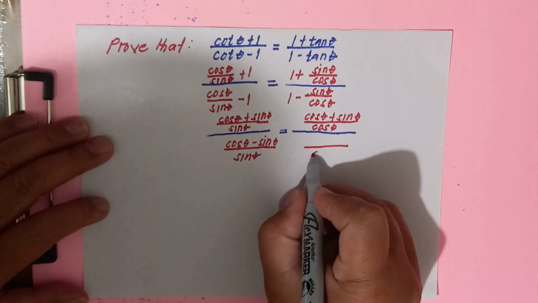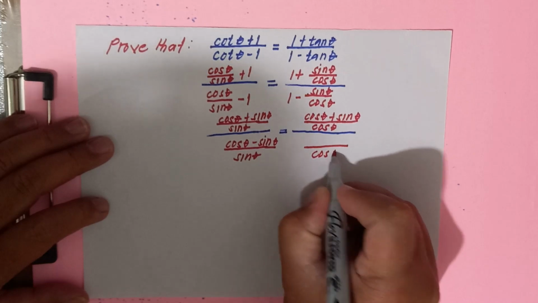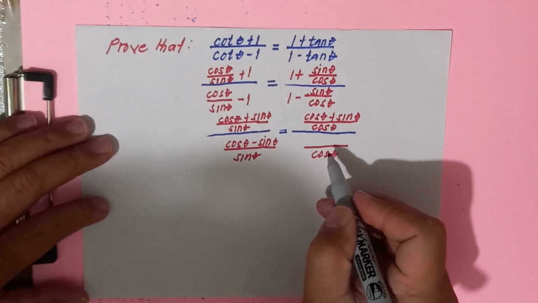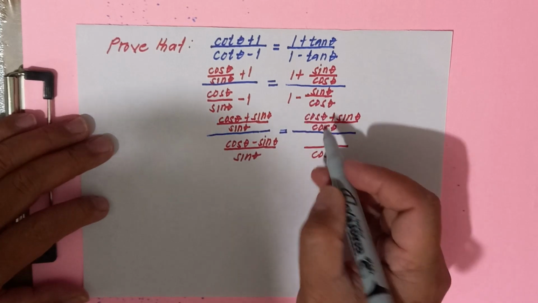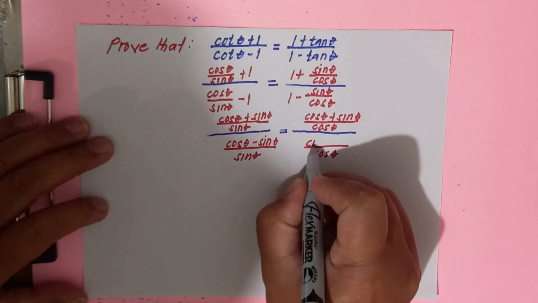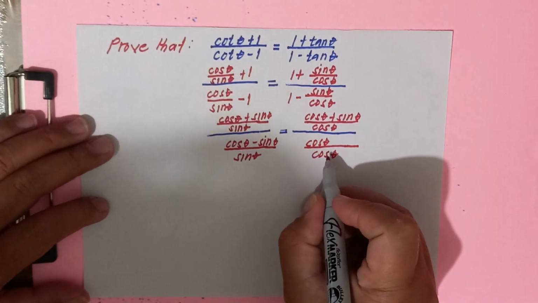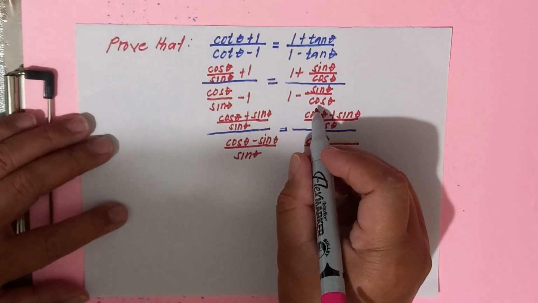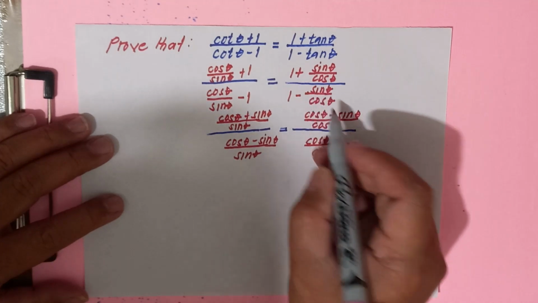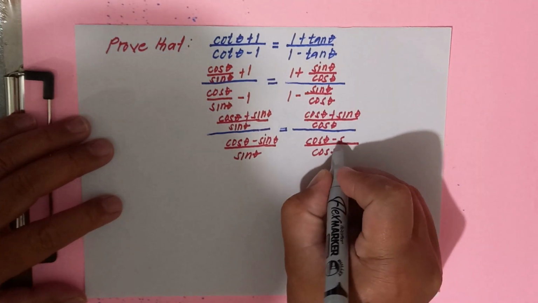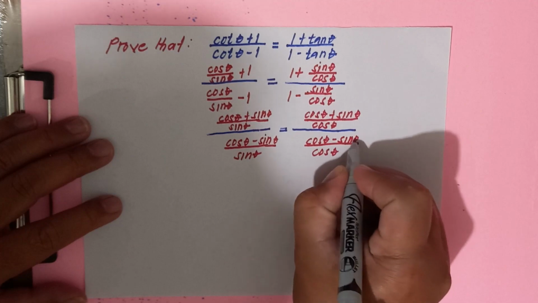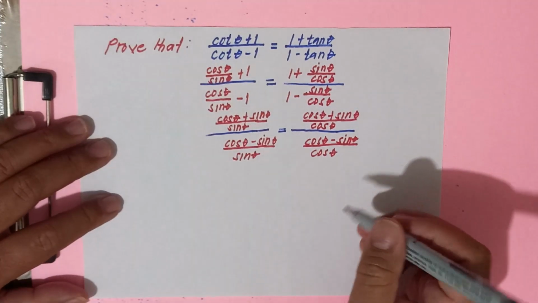Still cosine theta. Now, again, cross multiply this one, it will give you cosine theta. Now, cosine theta divided by cosine theta, 1 multiplied by negative sine theta, it will give you negative sine theta.